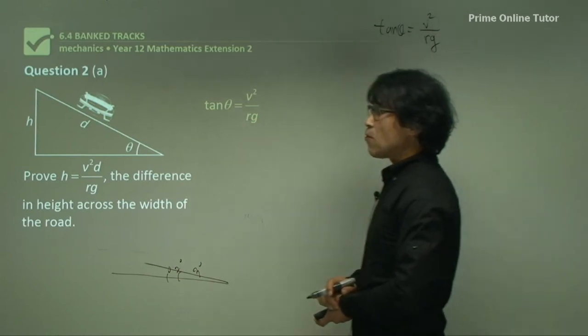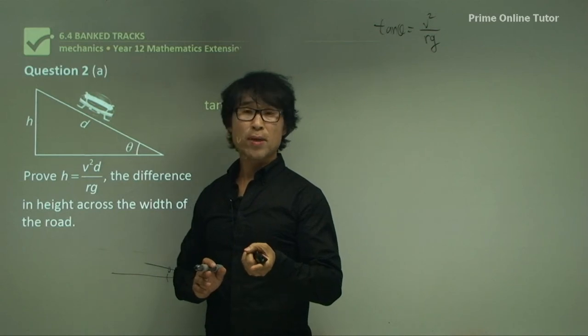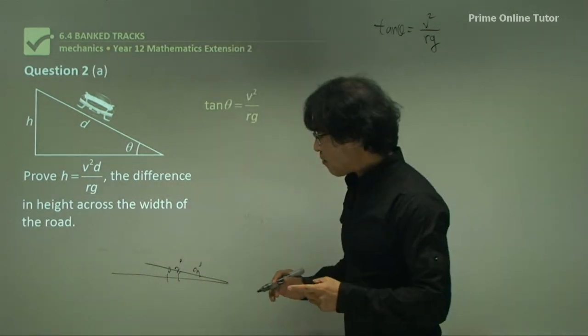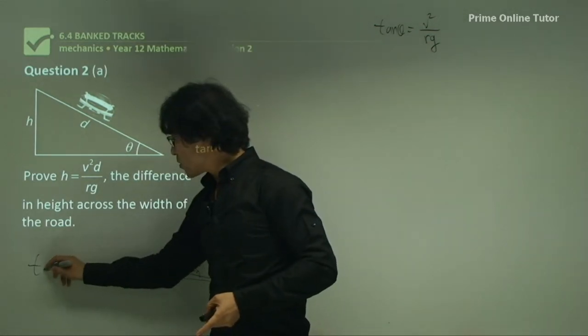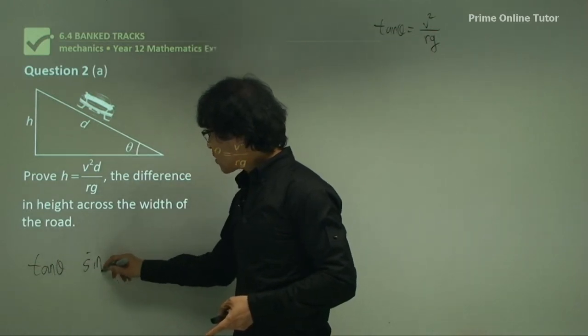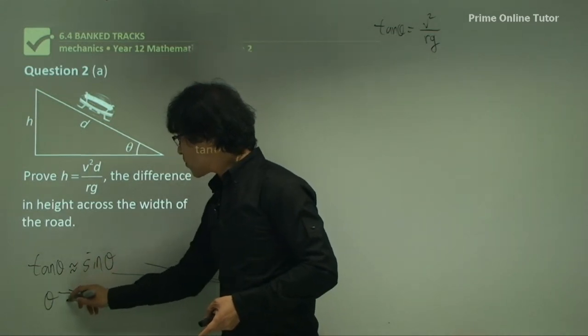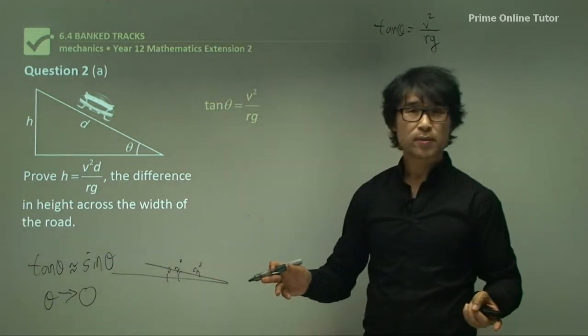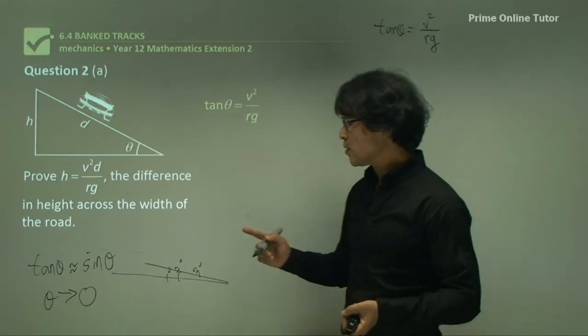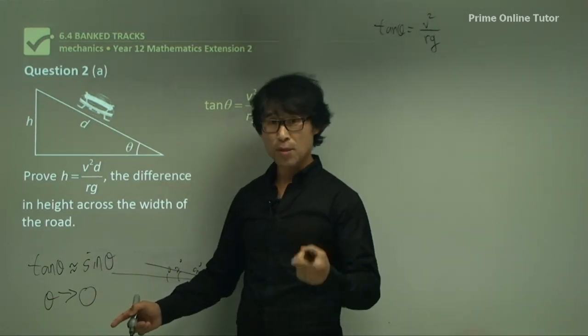The stuff you have learned in either extension 1 mathematics or 2-unit mathematics, have you ever seen this one before? So tan theta is approximately the same as sine theta when theta is a small angle. This is a part of the syllabus of either extension 1 or 2-unit mathematics.